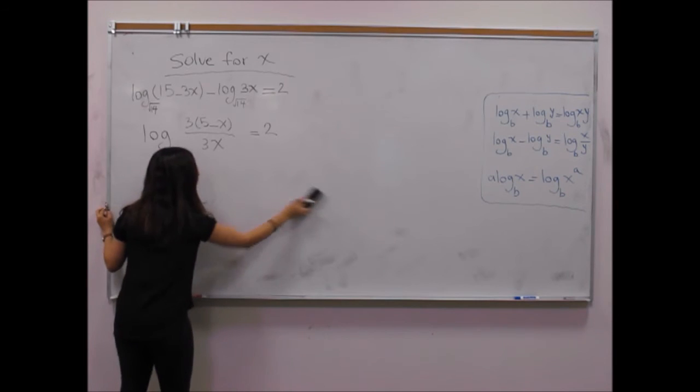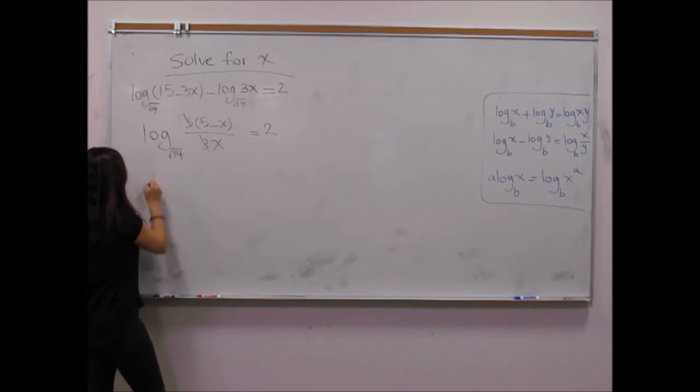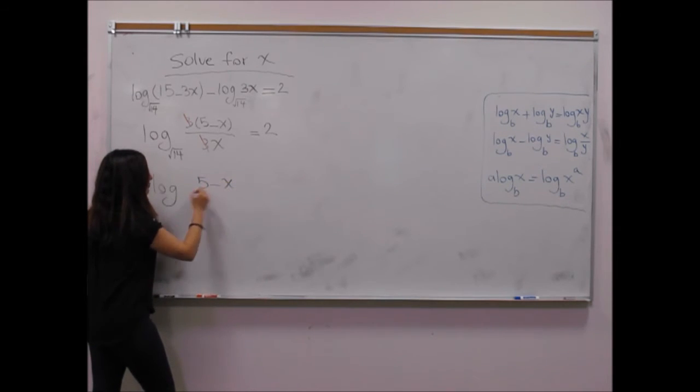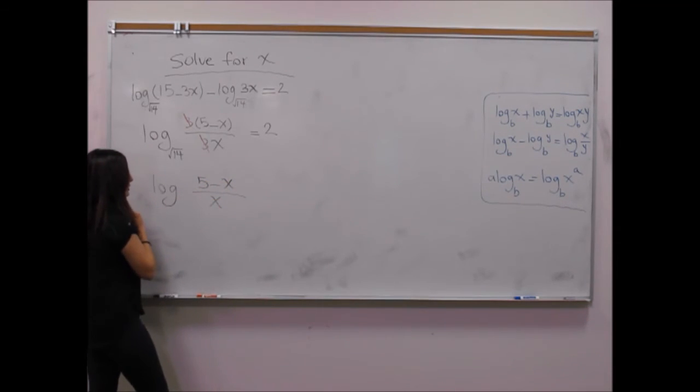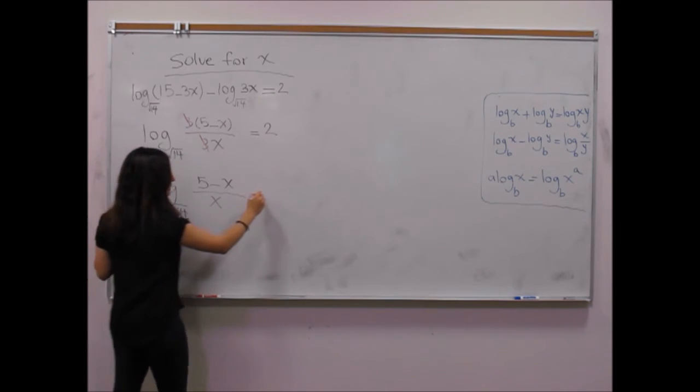As you can see, these two 3's would cancel each other. So I can simplify that and write it as log of 5 minus x divided by x, base root 14.